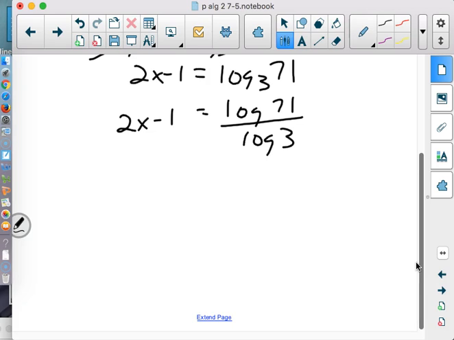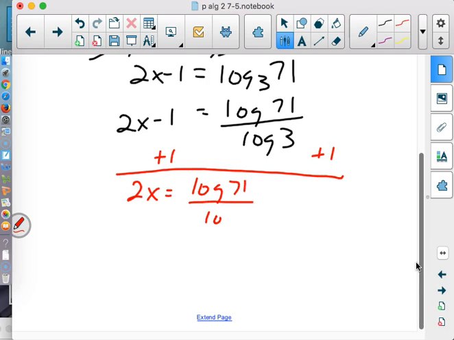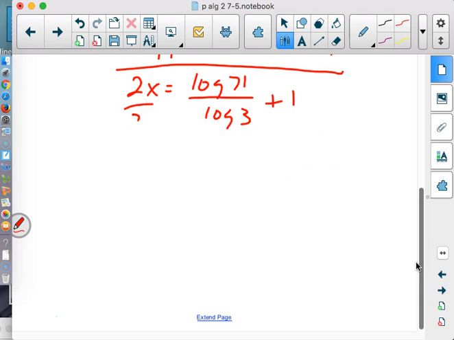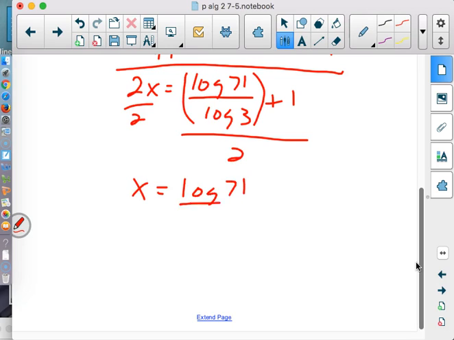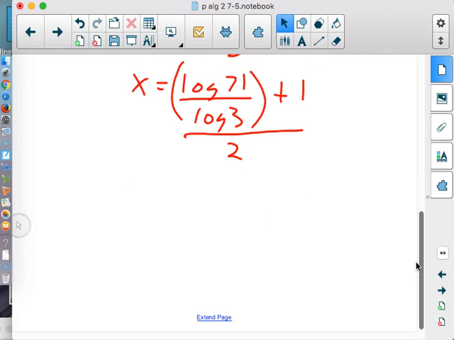So then this becomes a calculator problem, because what we're going to do is find this, and then we're going to add 1. And then we're going to have to divide the whole thing by 2. So we'll need log of 71 divided by log of 3, add 1, and divide by 2.